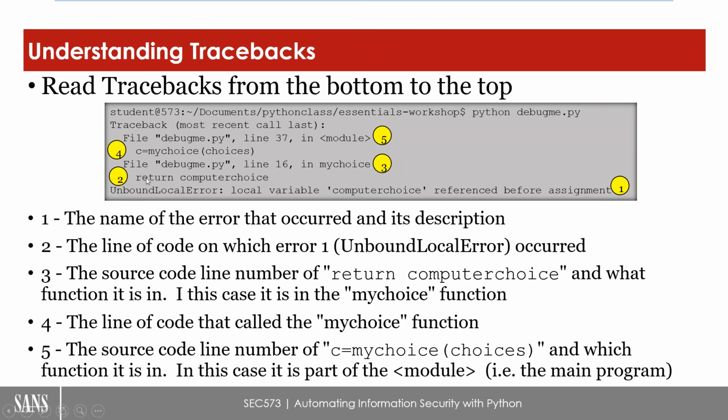So this call to return computer_choice on line 2, at that point, this was accessing or referencing the computer_choice variable before it was assigned. Well, where is this line, return computer_choice? I can look up one more line. And on line 3, I can see that that is inside of the file debugme.py, and it's on line 16.